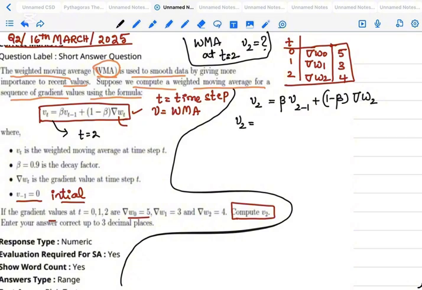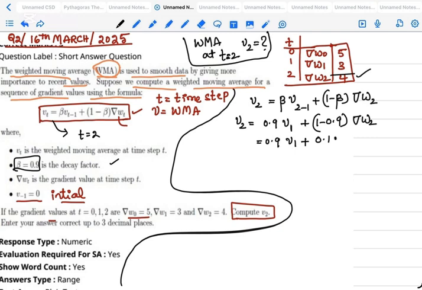Beta is given as 0.9, so V2 equals 0.9 times V1 plus 1 minus 0.9, that is 0.1, times delta W2, which is 4.